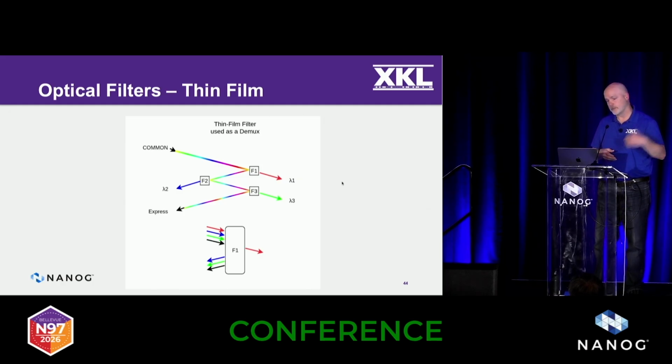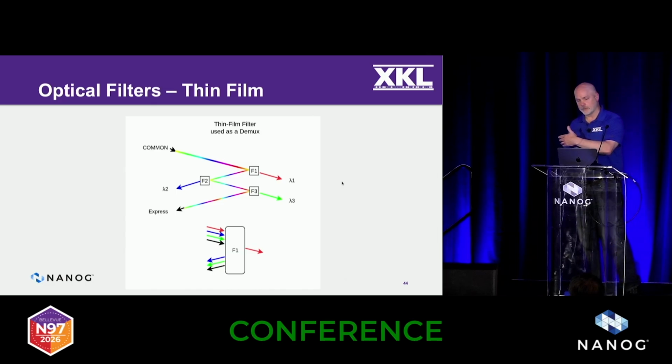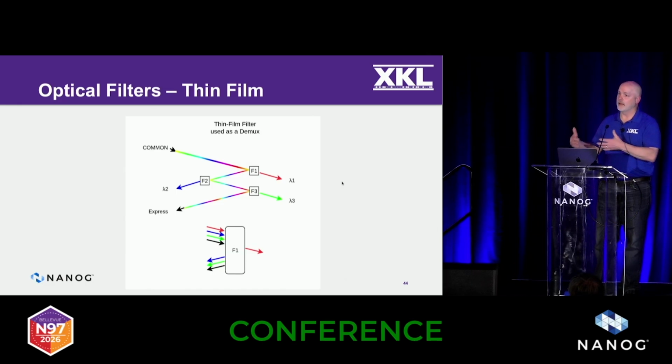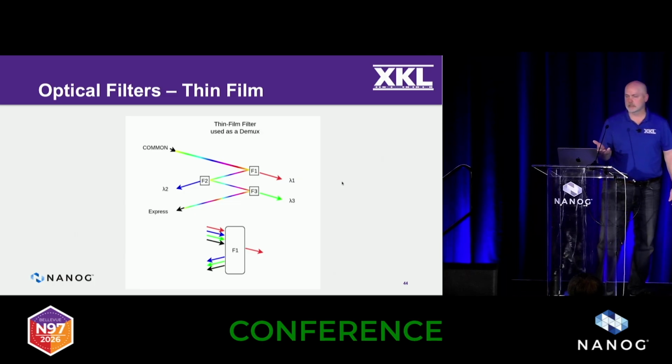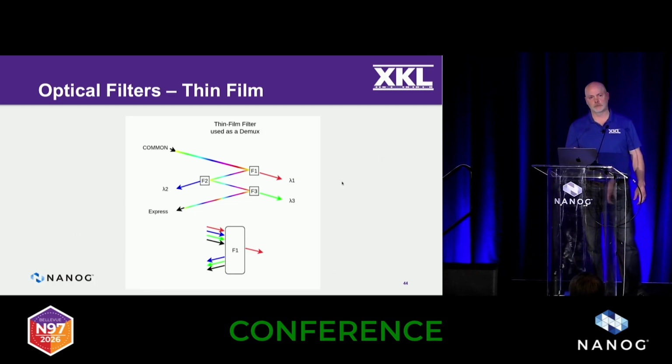I'm going to send all my DWDM light into the first filter, and it's going to pass the red and reflect all the others to go on to the next filter. Similarly, it's going to pass the blue and so on. This is a very common thin film filter approach, and probably the most common for smaller channel counts, anywhere from 4 to 12, 16 channels.